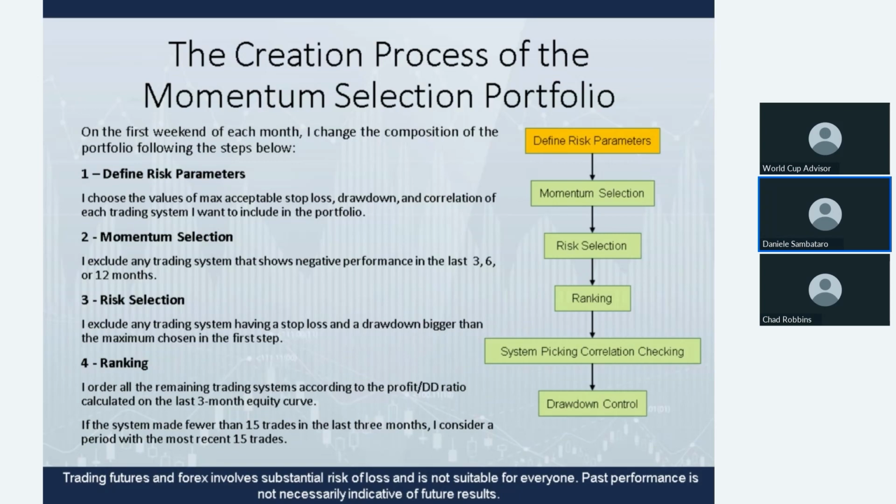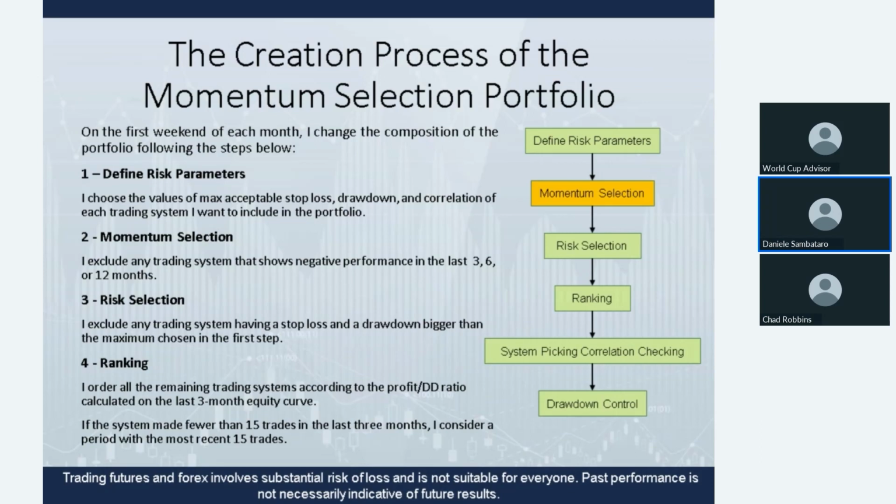After this, I perform what I call momentum selection. So I exclude any trading system that shows negative performance in the last 3, 6, or 12 months. In this way, I keep only the trading systems having a strong momentum, both in the medium and in the short term.